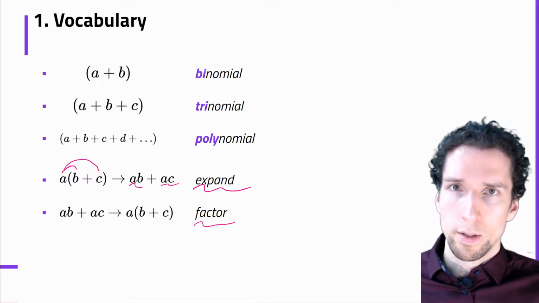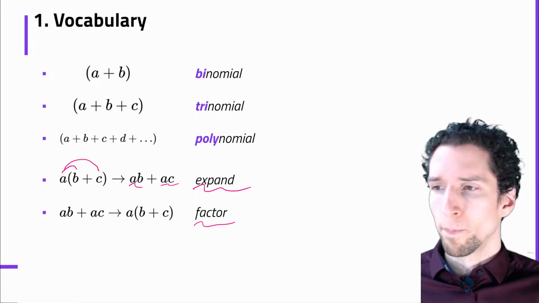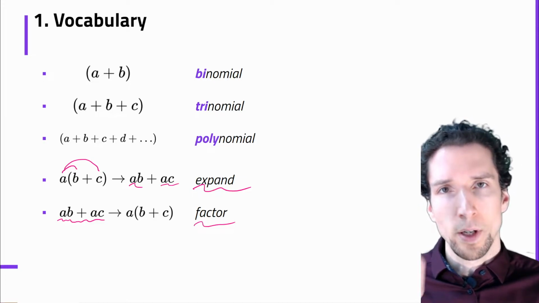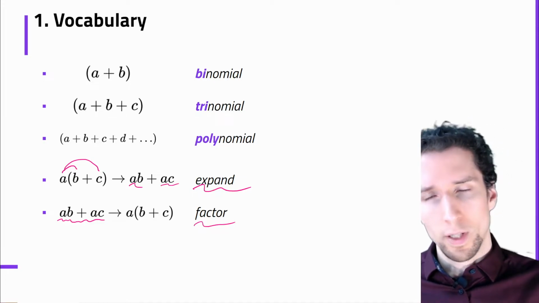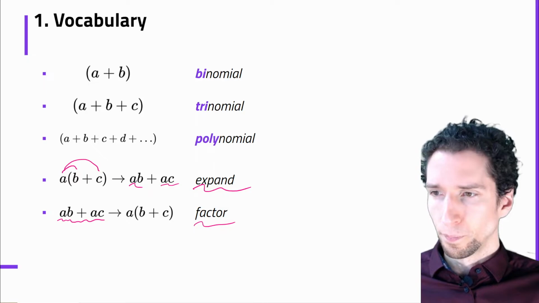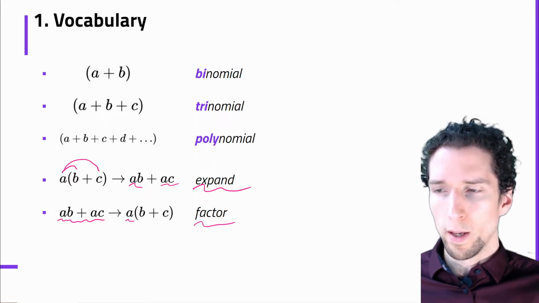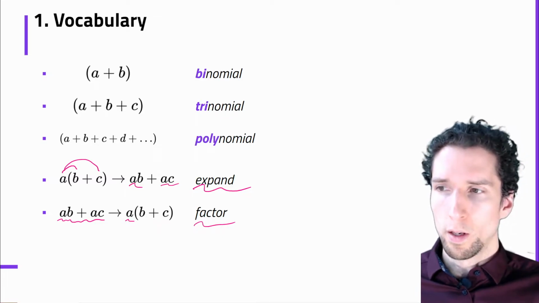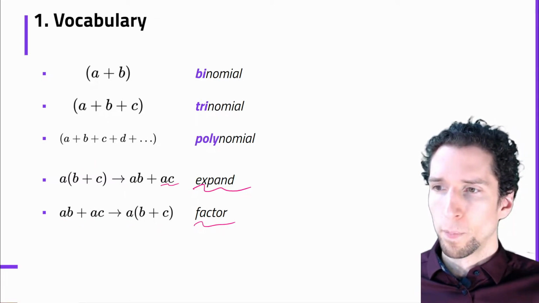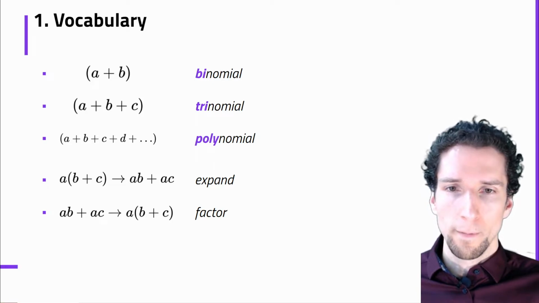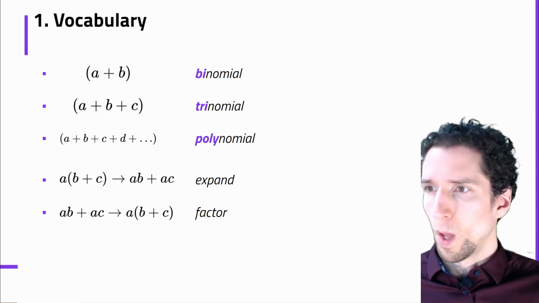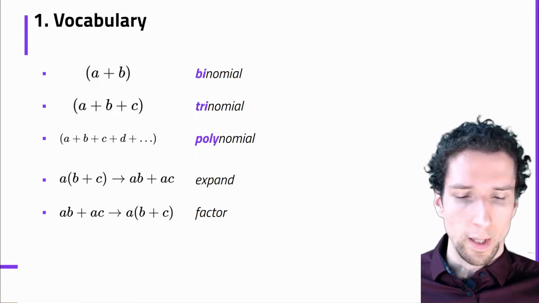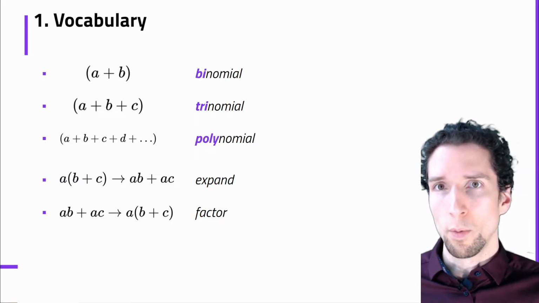Factoring is the exact opposite of that, where we notice we have ab plus ac, and we notice, hey, there's an a in both of those. Let's just take that a out, like this. So a times b plus c. So expanding and factoring. Today will just be about expanding, and then the next video will be about factoring, and then some shortcuts we can do once we know both those things.